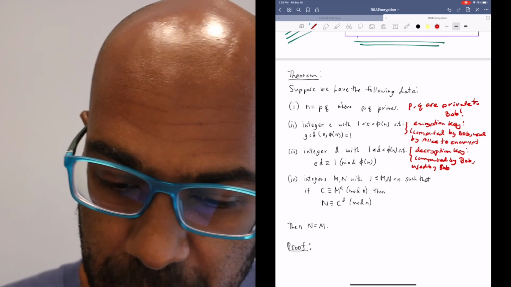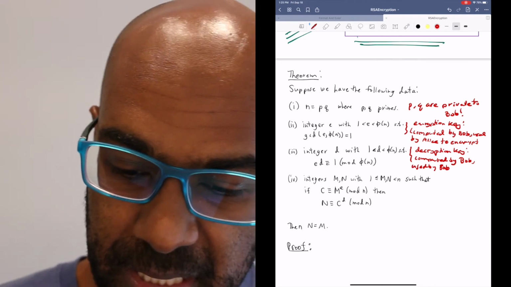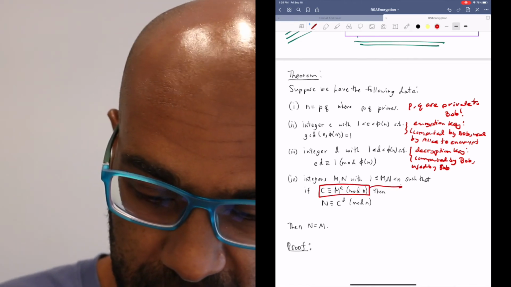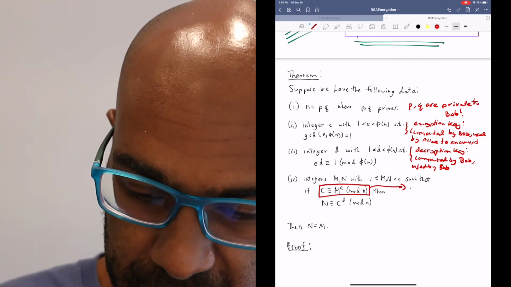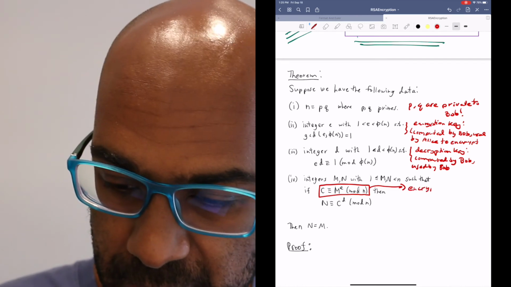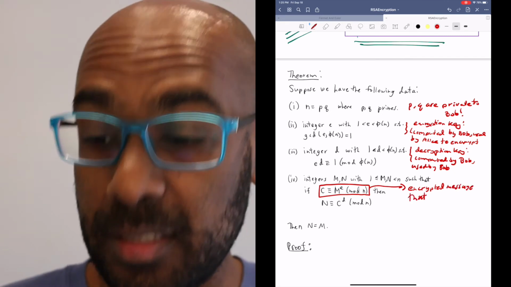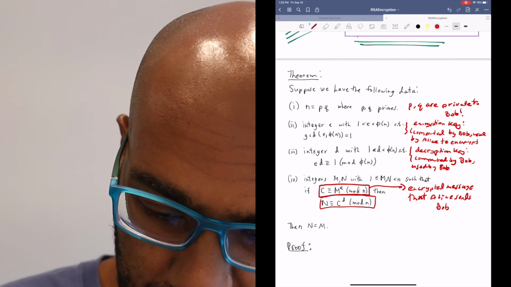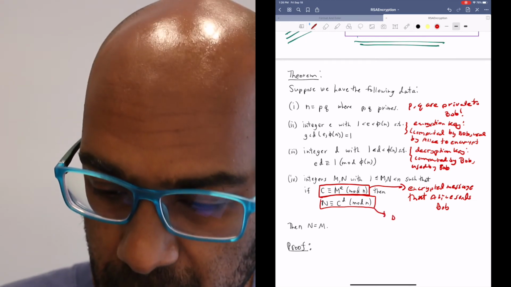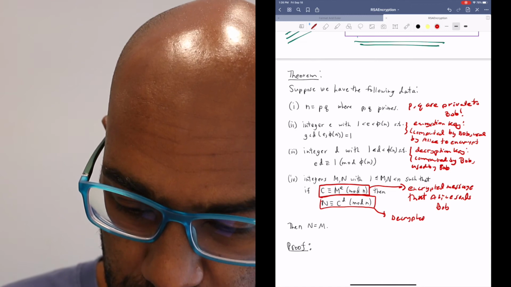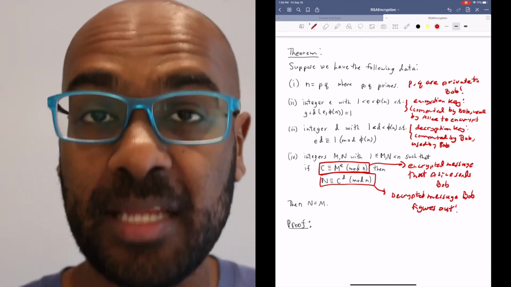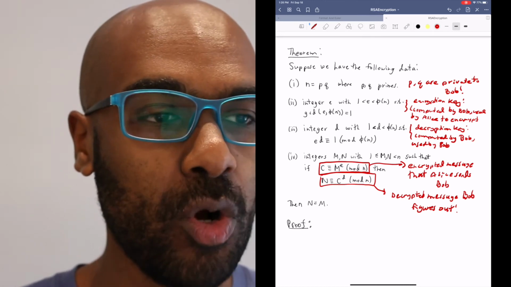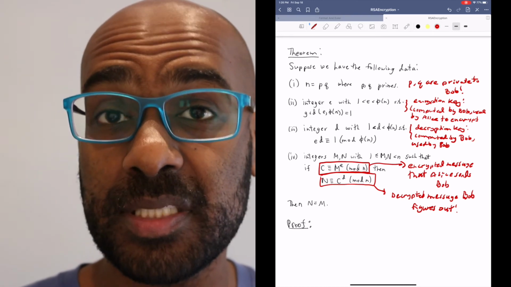Okay, then we computed these two things, C, which is M to the E mod n when reduced as much as possible. So this number C is the encrypted message that Alice sends Bob. And then N is the decrypted message. And the big claim here is that N is actually M. Now I want to review some of the things that go on when doing all of this computation because it's kind of fantastic.